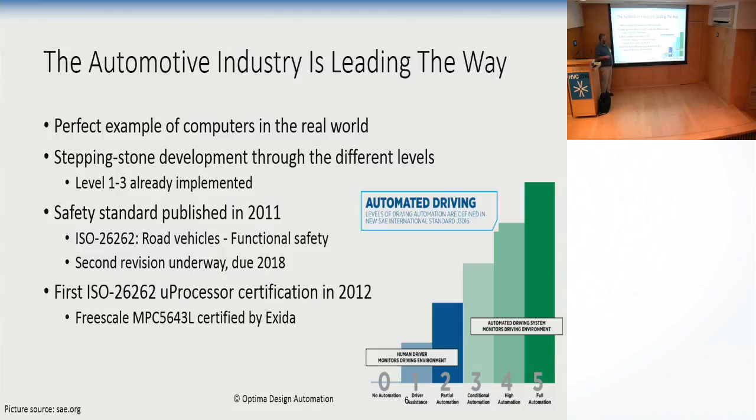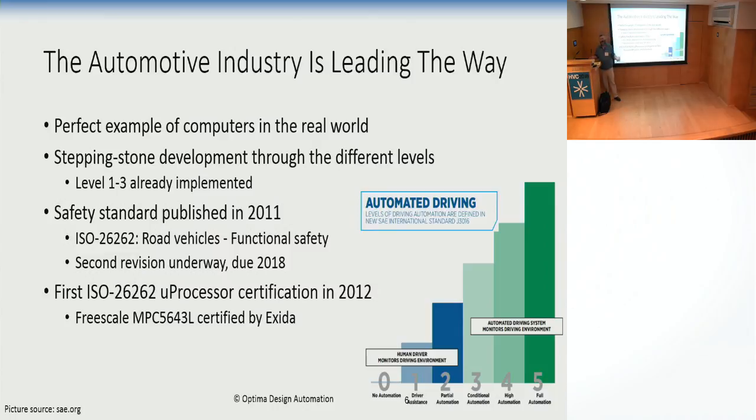And in 2012, we already had the first microprocessor certification to that standard, which was a Freescale semiconductor qualified by Exida. And these are the first steps in this area. This is the first time that a semiconductor had to be validated at this level.